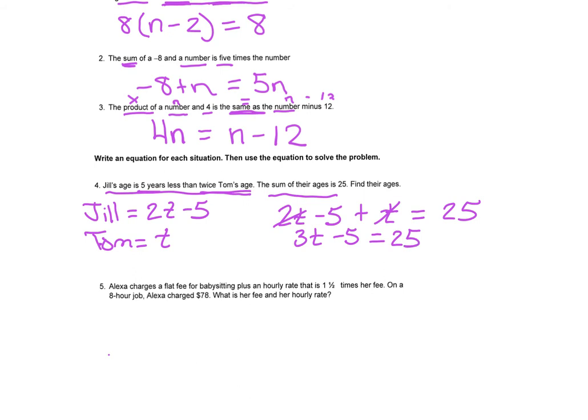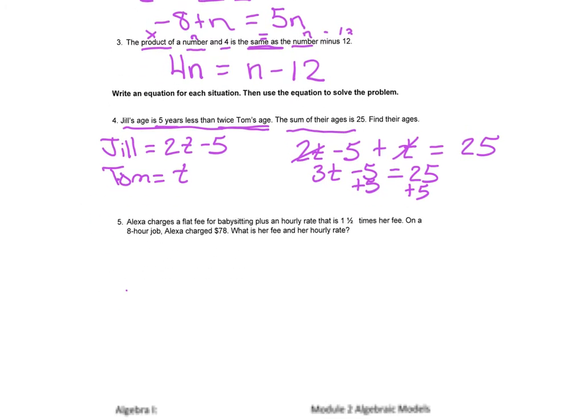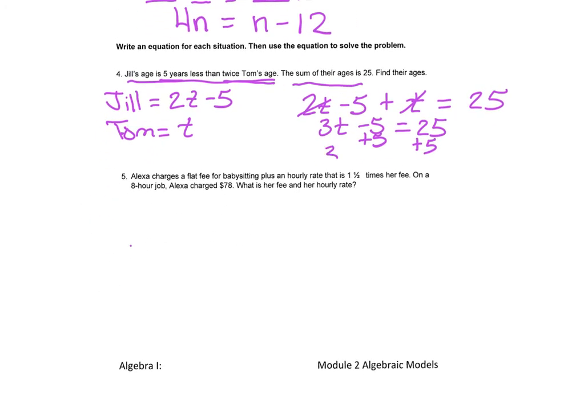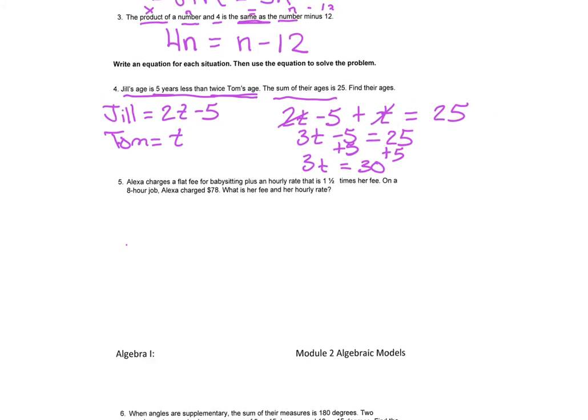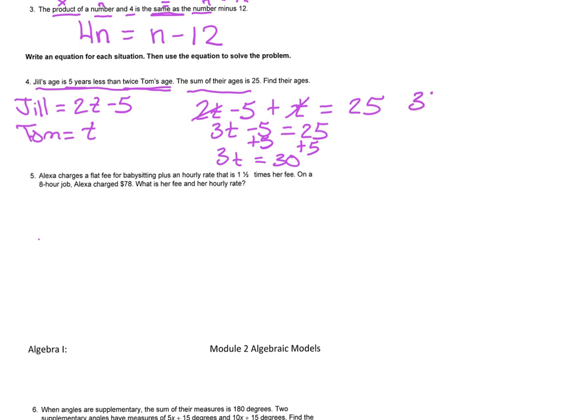So we're solving this just like we solved our other equations. Now we add 5 to both sides of our equation, and we're left with 3t equals 30. My last step is to divide by 3.